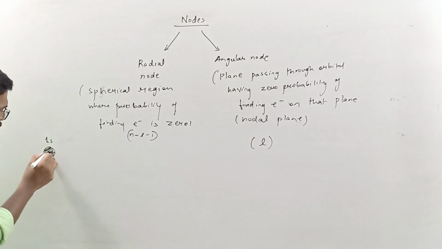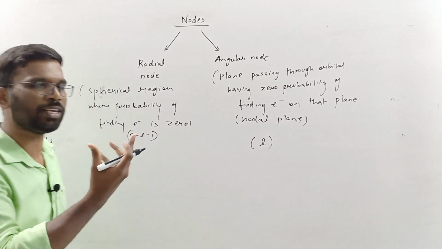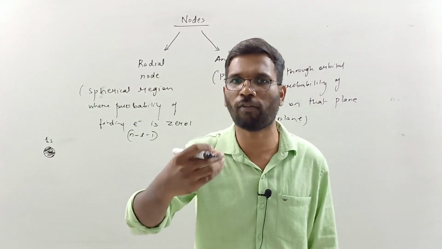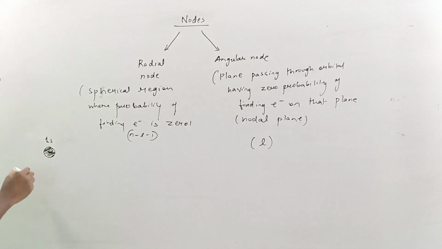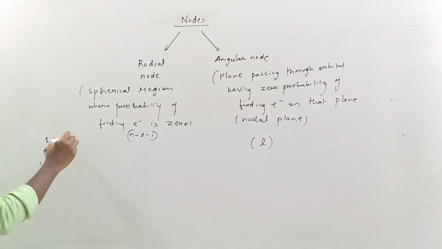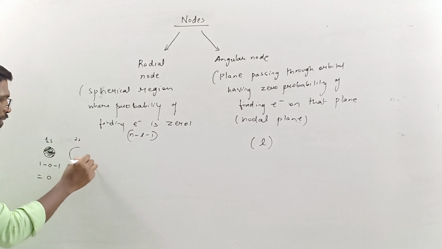In between, if I find any spherical region where there is zero probability of finding the electron, that is called a radial node. In this case there are zero radial nodes: n is equal to 1, l is equal to 0, and minus 1, how much does it come to? 0, right?